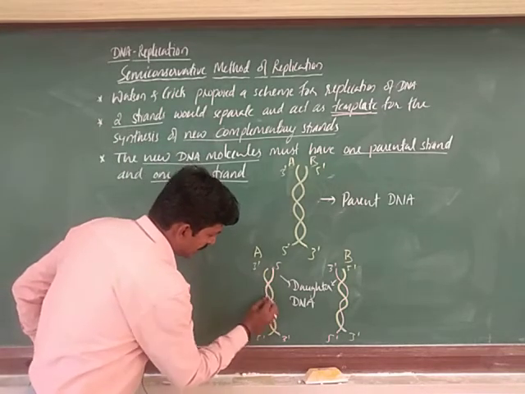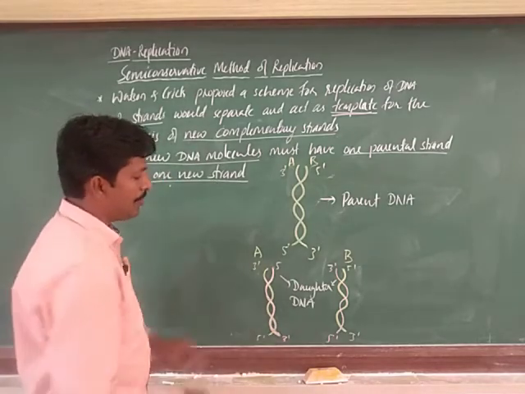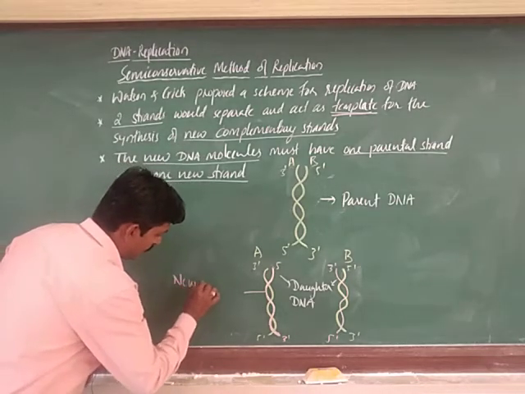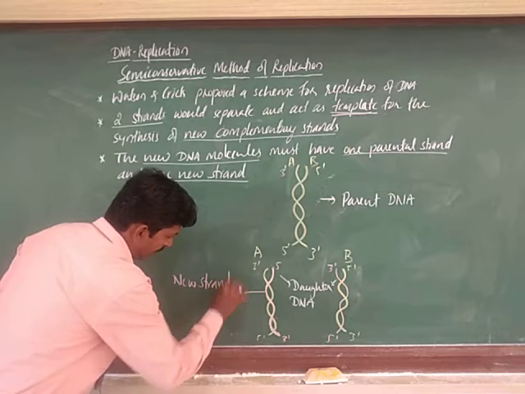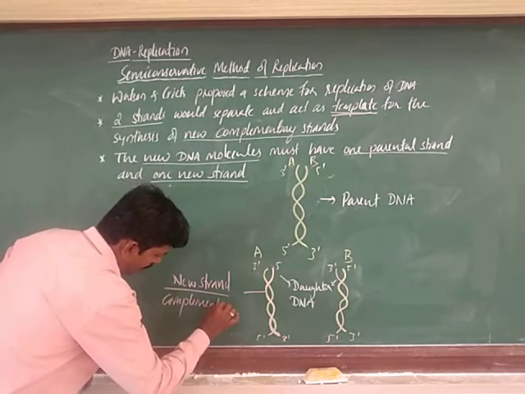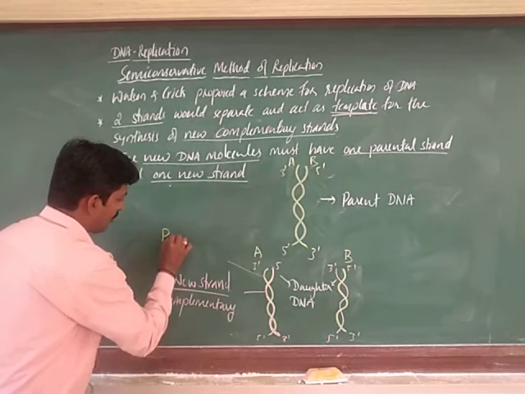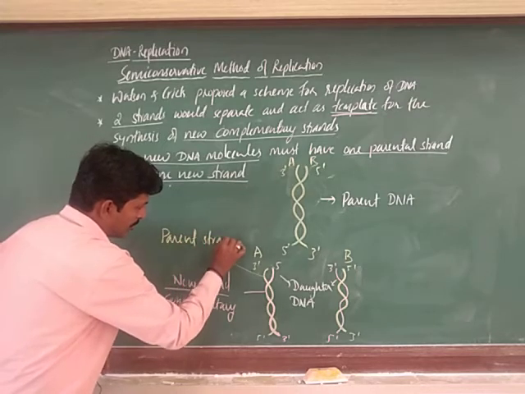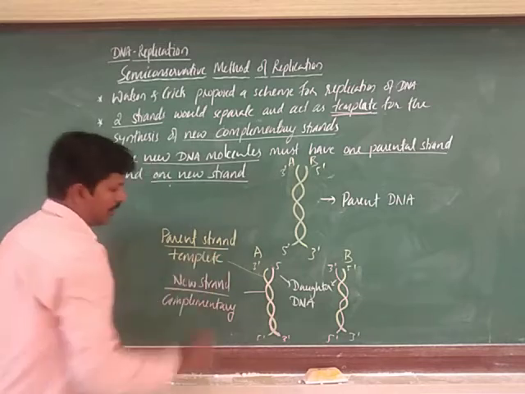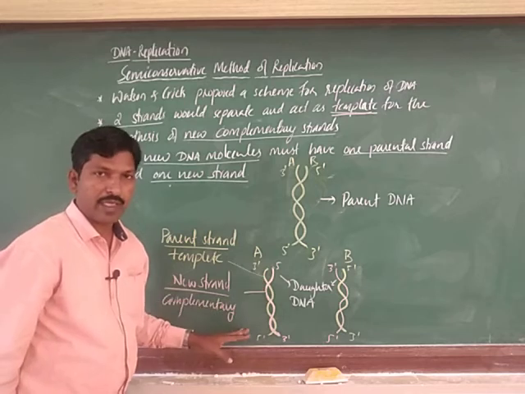These newly synthesized strands are called complementary strands. The new strand is said to be complementary, and the parent strand is referred to as the template. So, this is the DNA daughter molecule, or newly formed DNA.